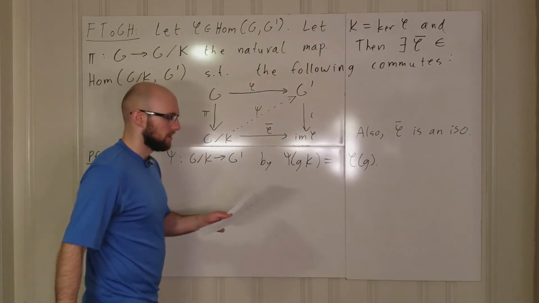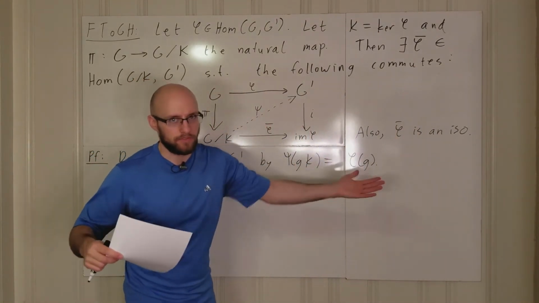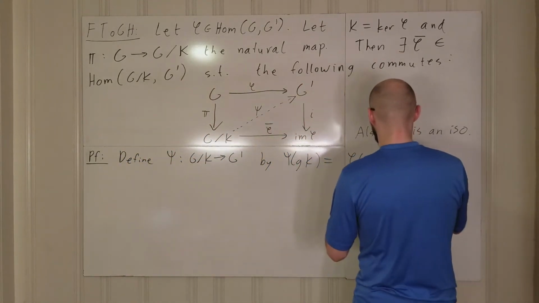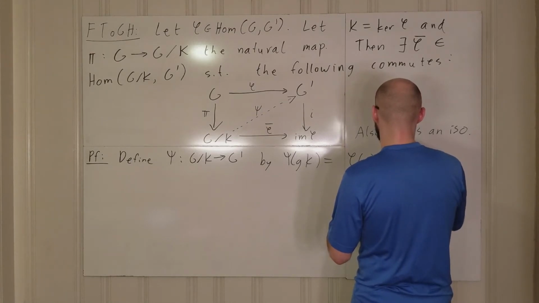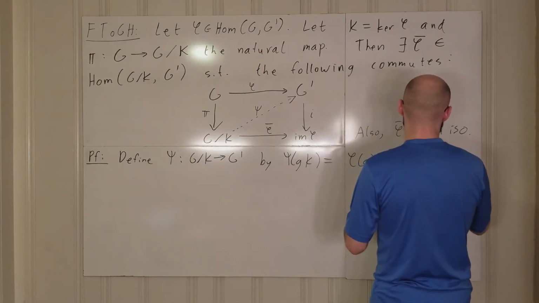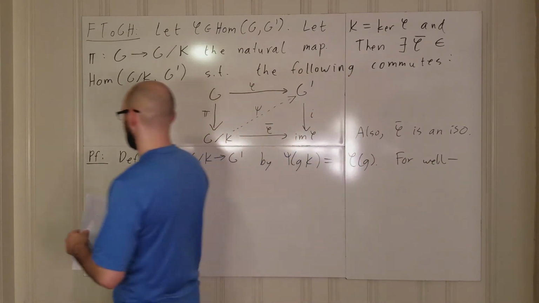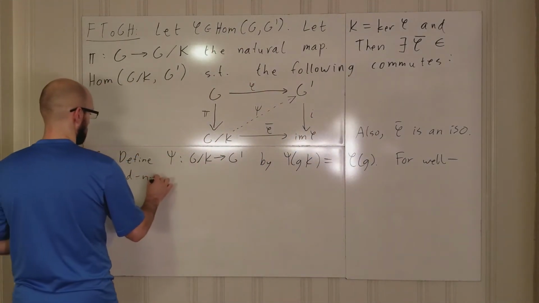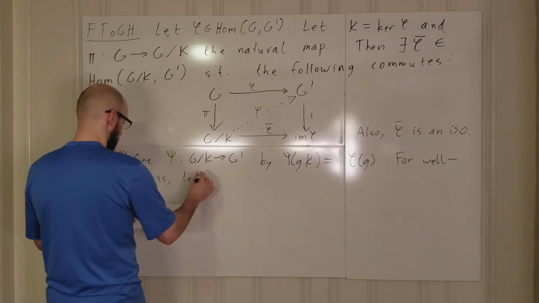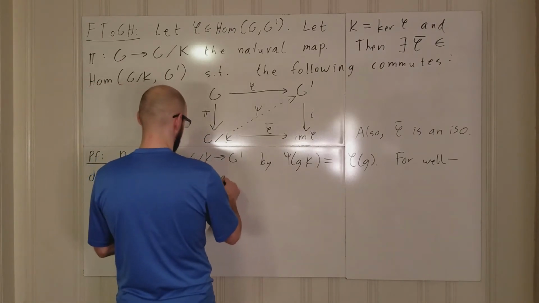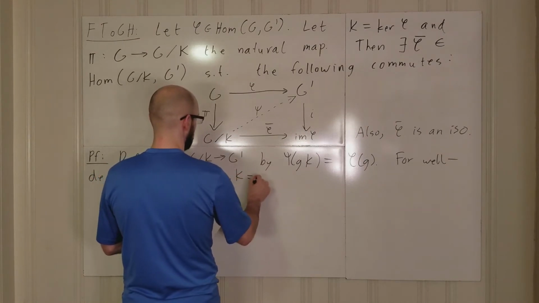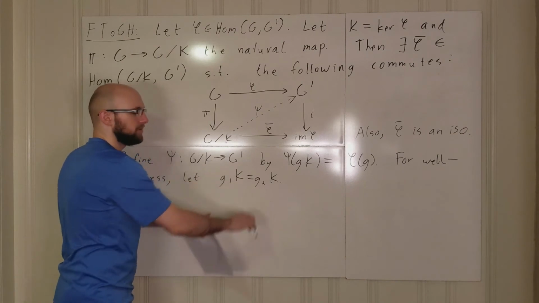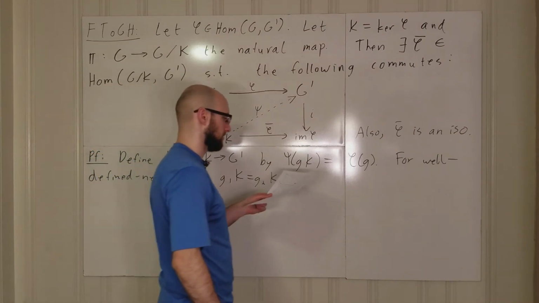The first thing that should jump out at you is that we have to check that this is a well-defined map. So for well-definedness, let G1K equal G2K, i.e. suppose that G1 and G2 are two representatives of the same coset.